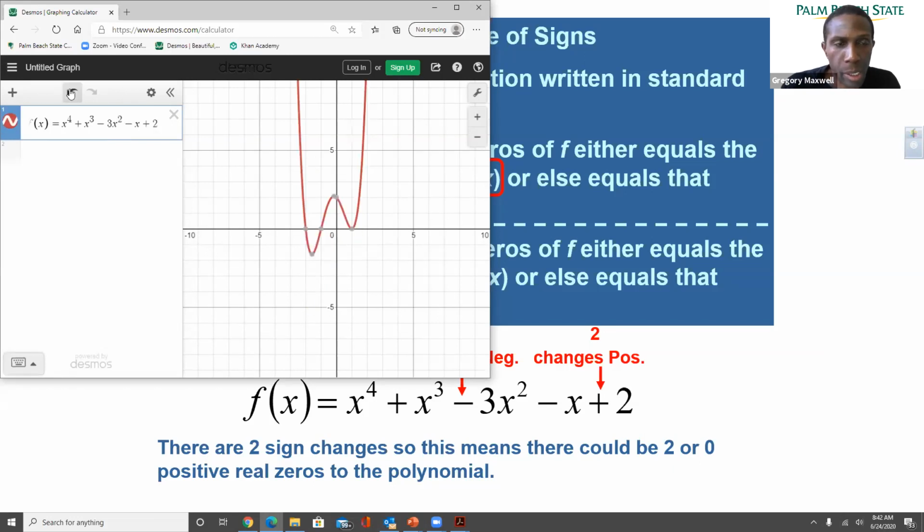And as you can see, what did I do wrong here? All right, so here's the issue I have. At 1, the graph bounces off the x-axis, which means 1 has an even multiplicity, which means it's a positive root twice. So it doesn't talk about whether they're positive different roots.